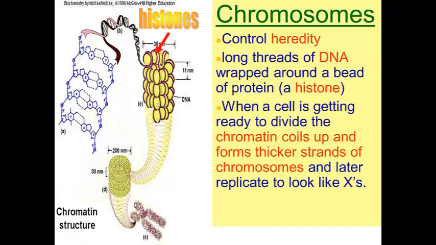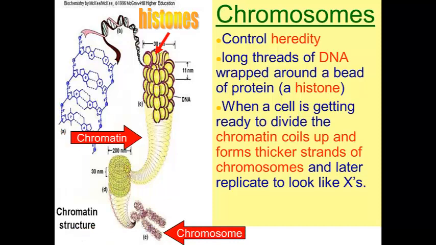When a cell is getting ready to divide, the chromatin coils up and forms thicker strands of chromosomes and later replicates to look like an X. So you can see the X down here. That's the chromosome. That's called chromatin. Chromatin is uncoiled and thread-like DNA.